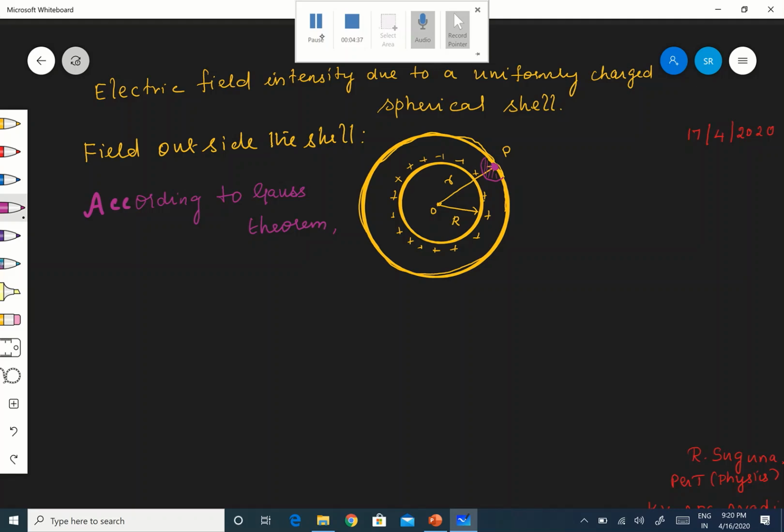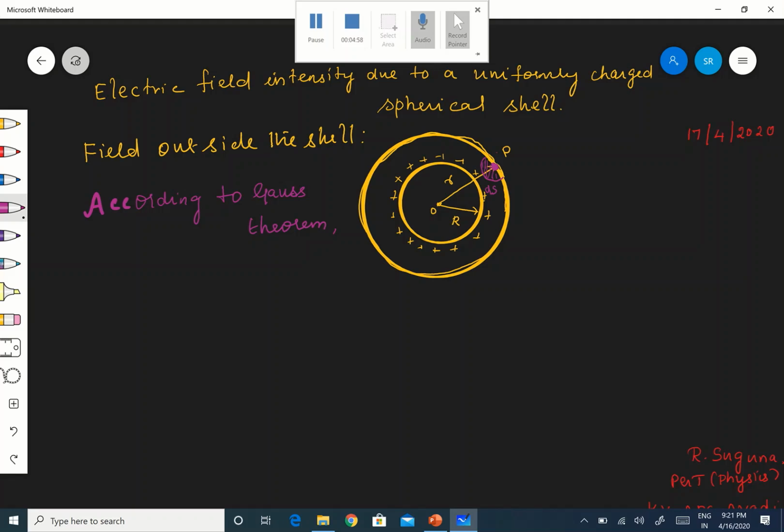On the sphere, I am only able to show it partially because it's 2D. Actually it should be a circle, that is, you have to take ds around the point of interest. I have shown only the partial surface here. This is the surface, and the area is ds.